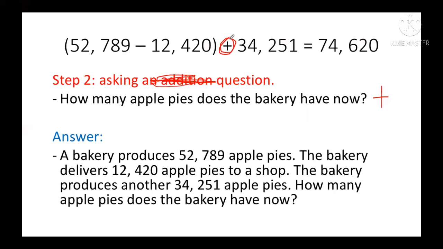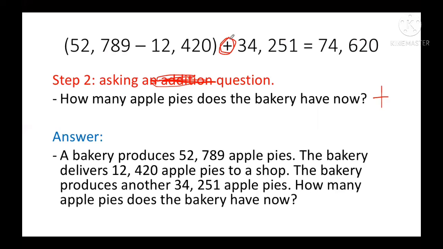A bakery produces. Why I chose bakery is because my word is apple pie, and you can buy apple pie in a bakery. You need to base the names of the places on the word you chose in step one.